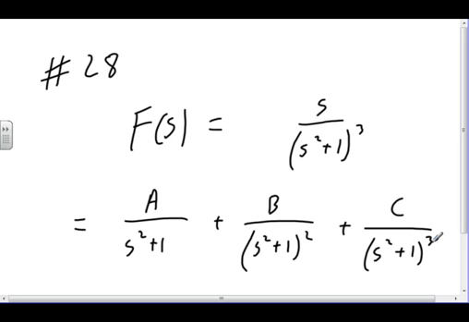I'm thinking that's the way I'm supposed to be working that problem. It does have to be like As plus B on top. Yeah, I'm afraid so. We're going to have an As plus B and a Cs plus D and an Es plus F.